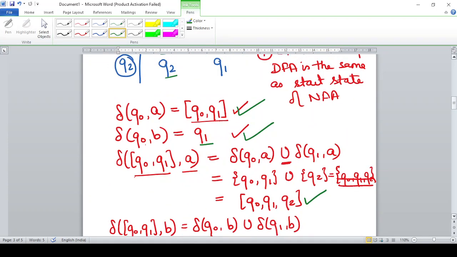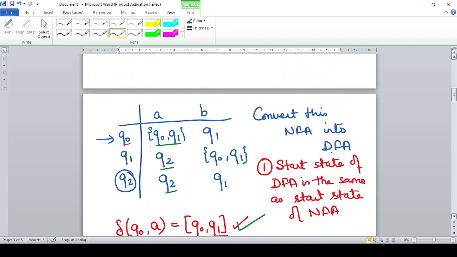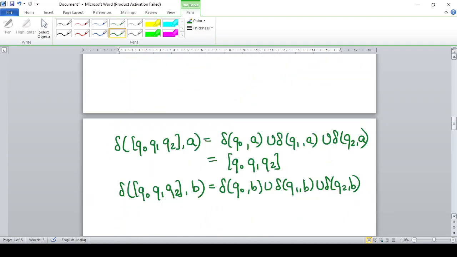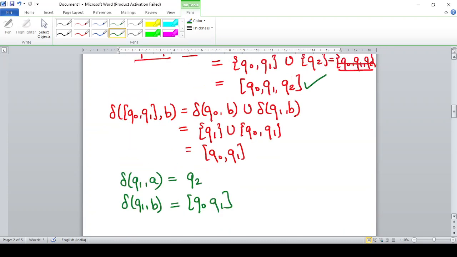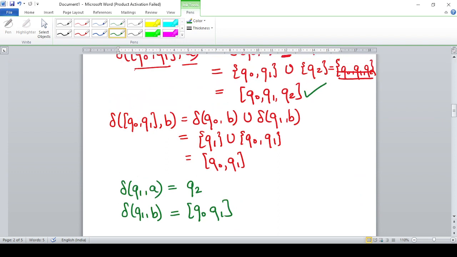So on q0 q1 q2 with input B, it is q1, q0 q1, q1. That means if you take the union, you are getting q0 q1. So I have now defined q0 q1 q2 for all inputs, right?